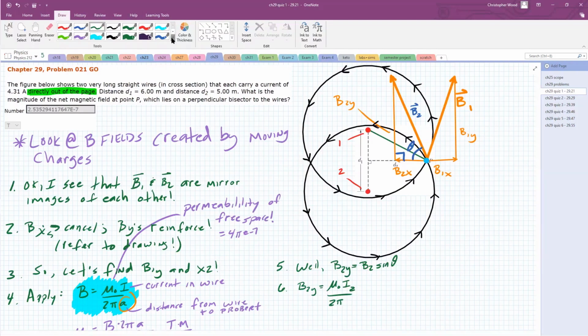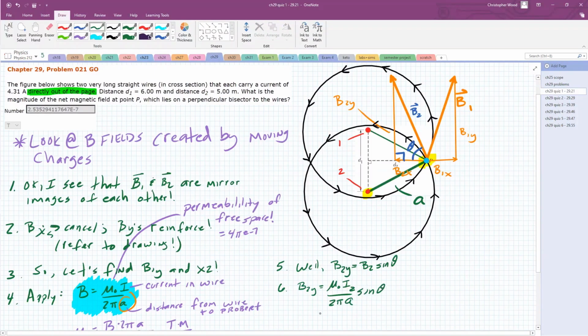This is the distance I'm talking about, from probert to wire 2. This is letter A, the distance between probert and the current carrying wire. And then again, sine theta.